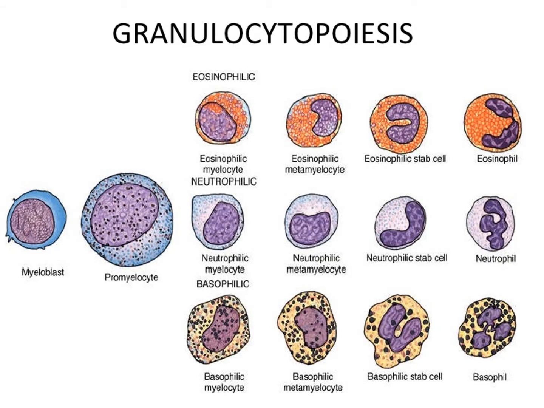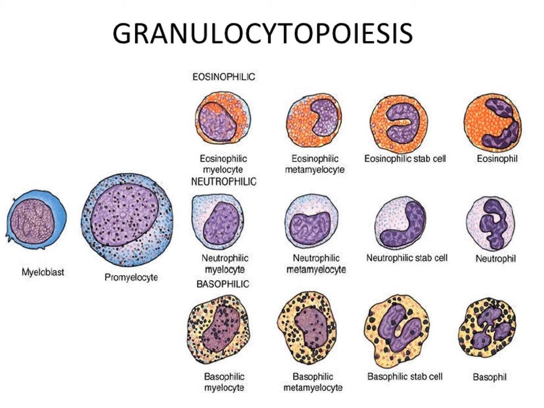Here you see the pictures. The myeloblast is converted into the promyelocytes. The promyelocytes are converted into the three types of myelocytes: eosinophilic myelocytes, neutrophilic myelocytes and basophilic myelocytes. Then eosinophilic myelocytes convert into eosinophilic metamyelocytes, eosinophilic stab cells and then eosinophils.